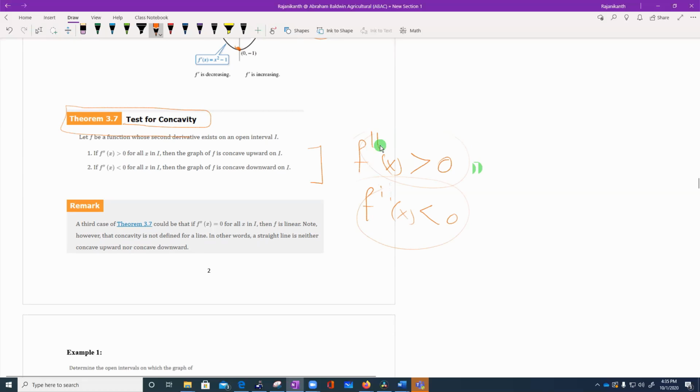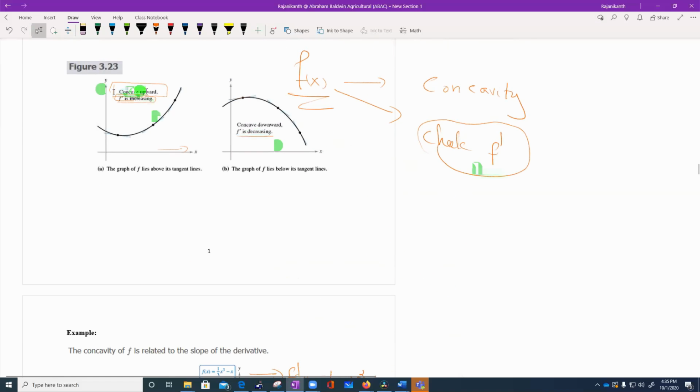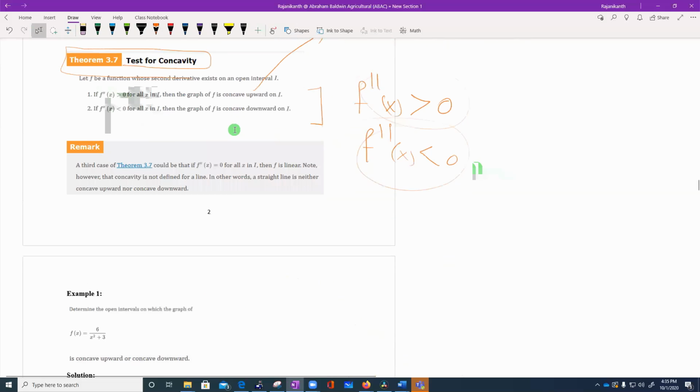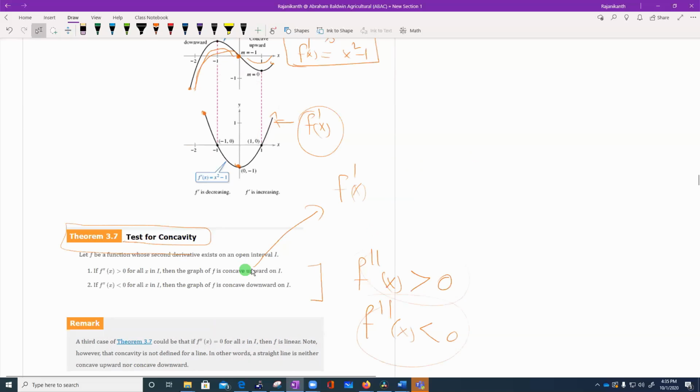Remember, for concave up, our first derivative function f prime x should be what? For concave up, our first derivative function should be increasing, okay? So that means for the concave upward trend, the first derivative should be increasing, right? You could think of this as my new function g(x) if you want, right? You could think of the first derivative of f as your new function g(x), right? So I'm asking in another way.